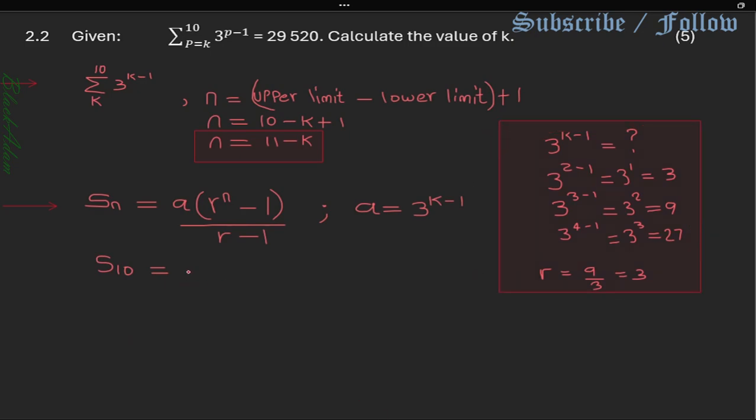So the next thing that we're going to do, we're going to use the first term 3 to the power k, and the sum of 10 terms is 29520. Then in brackets, we have our r, which is 3, and n is 11 minus k. So that's 3 to the power 11 minus k, minus 1, all over 3 minus 1. 3 minus 1 is 2.